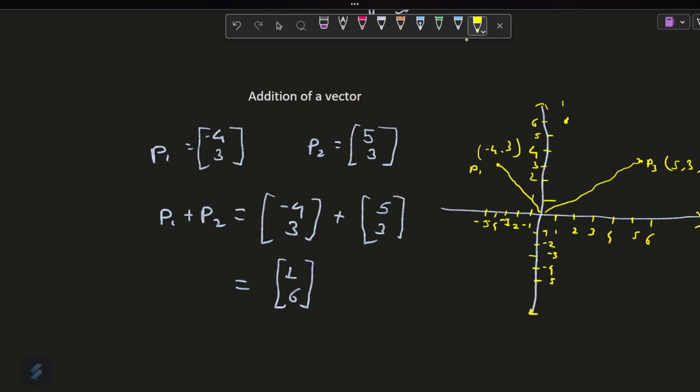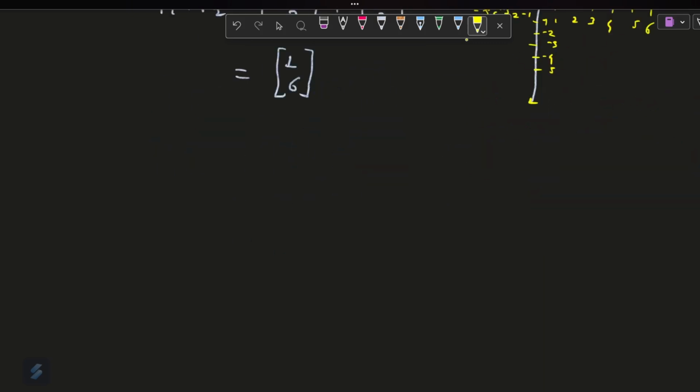So the addition of P1 plus P2 is nothing but 1 comma 6. This is our vector addition in a graphical representation. This is a simple vector addition, that's not a big deal.